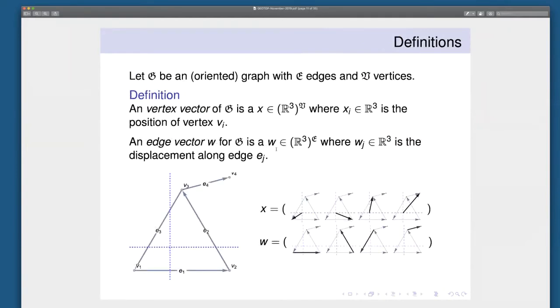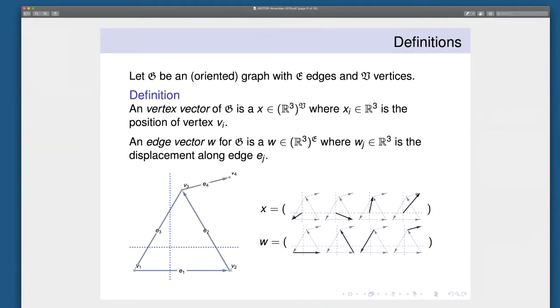So just to set up notation, I'm going to distinguish between the vertex positions of a graph, which are going to be given by a vector that I'll call x, and the edges of the graph, which will be a vector that I call w. And the idea is the w's tell you the displacements between x's. So just to pick an example, if I want to talk about w2, that's this vector here, giving you edge 2 in the graph.